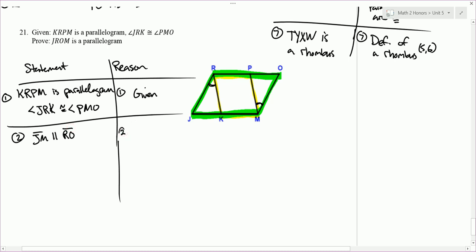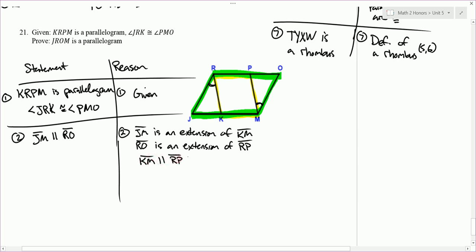And the reason is that JM is an extension of KM, part of the same extended line, and we could say that RO is an extension of RP, and KM is parallel to RP since KRPM is a parallelogram. Okay, so that part we're getting from our givens.